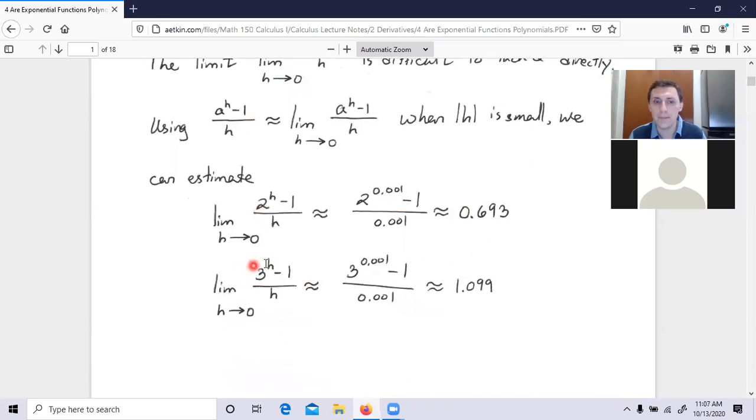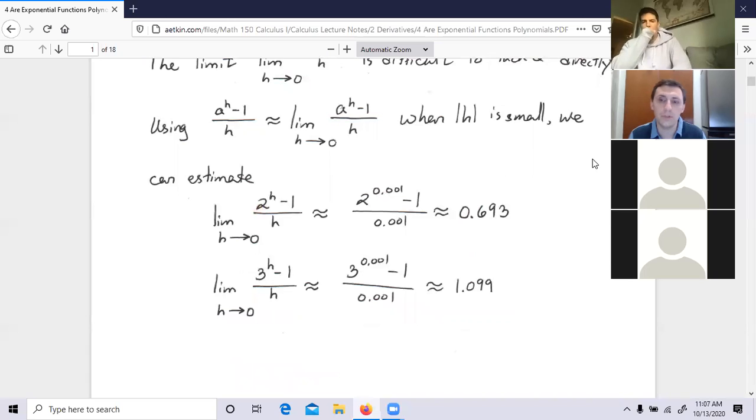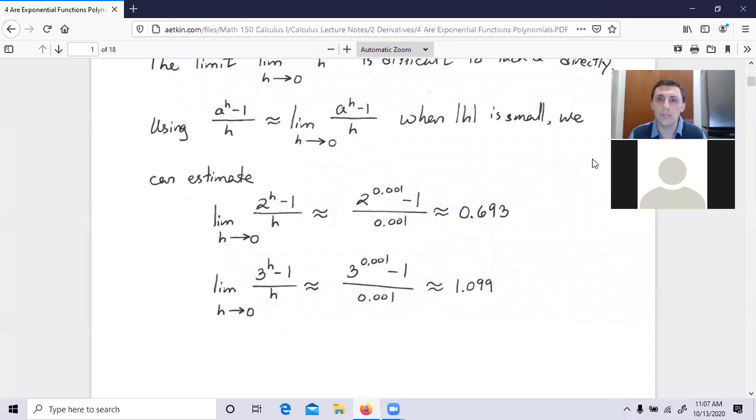If you do the same thing for 3 to the x, the number you obtain is actually slightly bigger than 1. So guys, before I continue, is this idea clear? Is it clear what we have attempted to do? Okay, good. Let me know so I can continue onwards if it's clear.